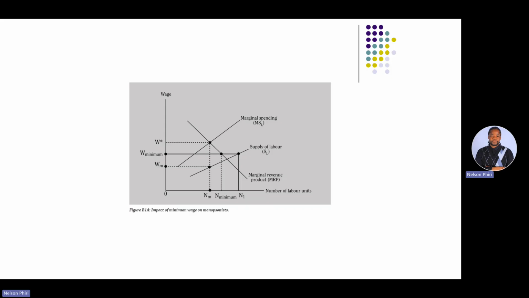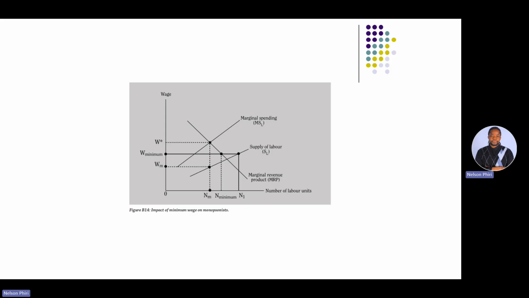Again, you have your marginal spending curve, which is now the horizontal from O to N1. This simply means that the wage is fixed for any unemployment level in the region of 0 to N1. The equilibrium level of employment given the minimum wage will occur where your marginal revenue product is equal to the marginal wage.